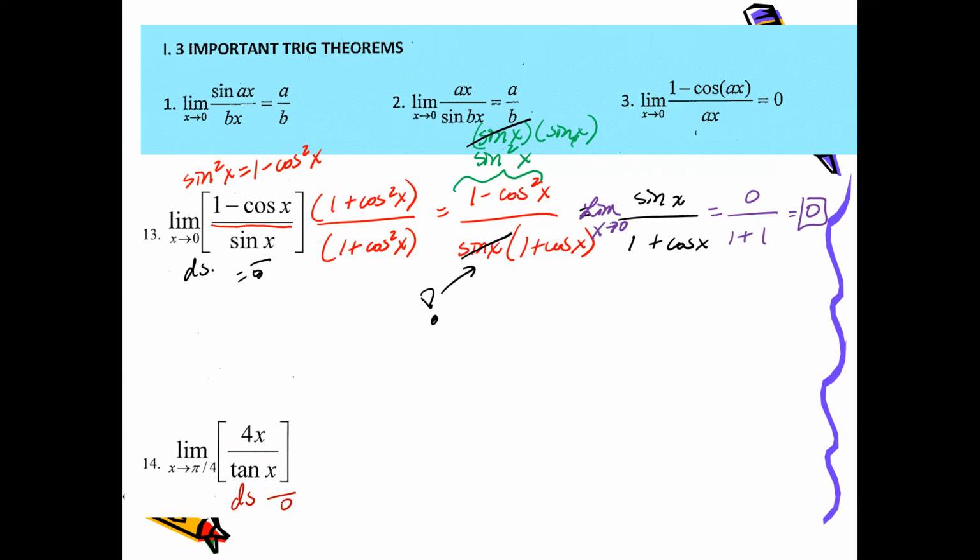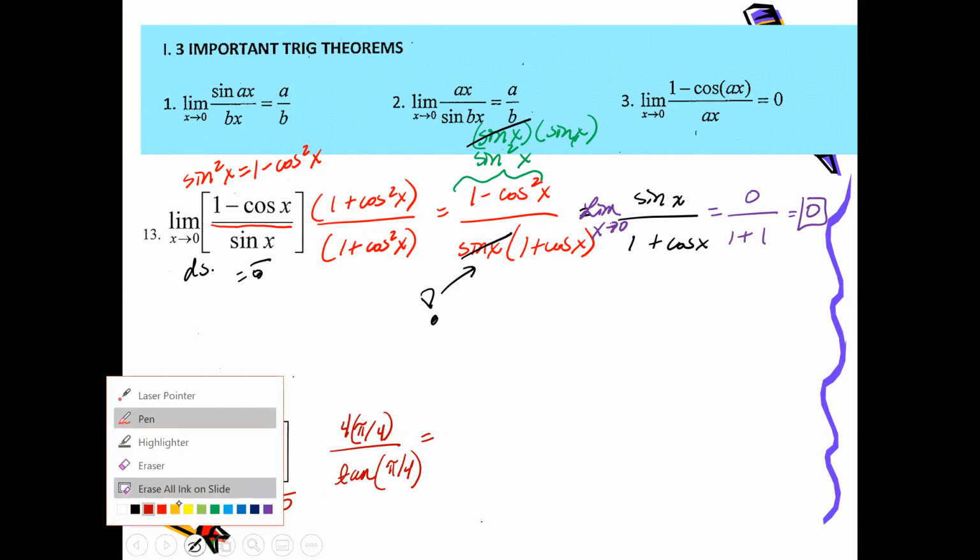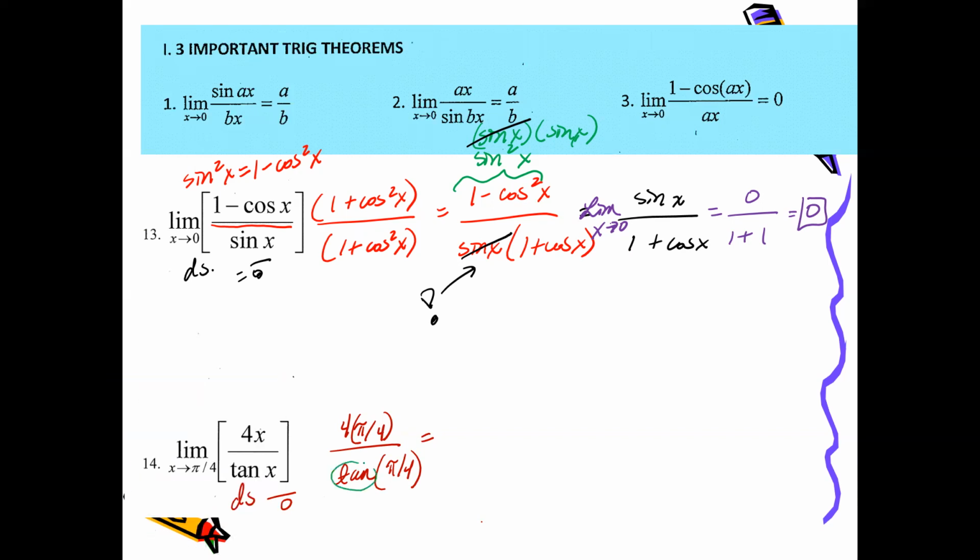But let's go ahead and plug this through directly. If I were to substitute it, I have a 4 pi over 4 divided by a tangent pi over 4. Every time I see a tangent, I always think about sine over cosine.